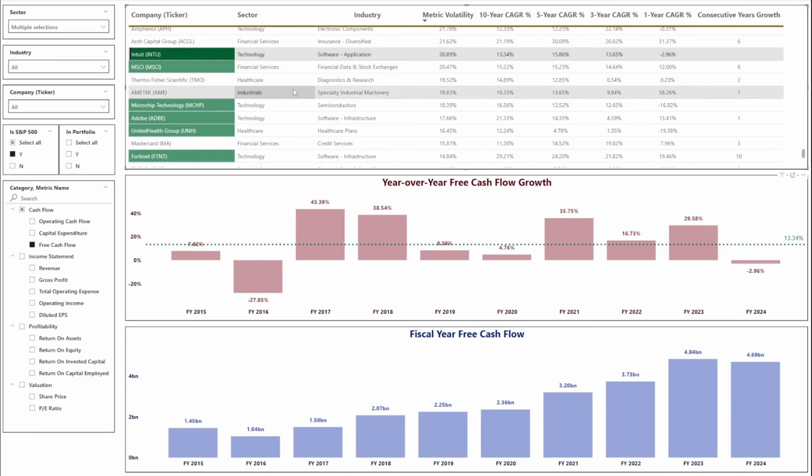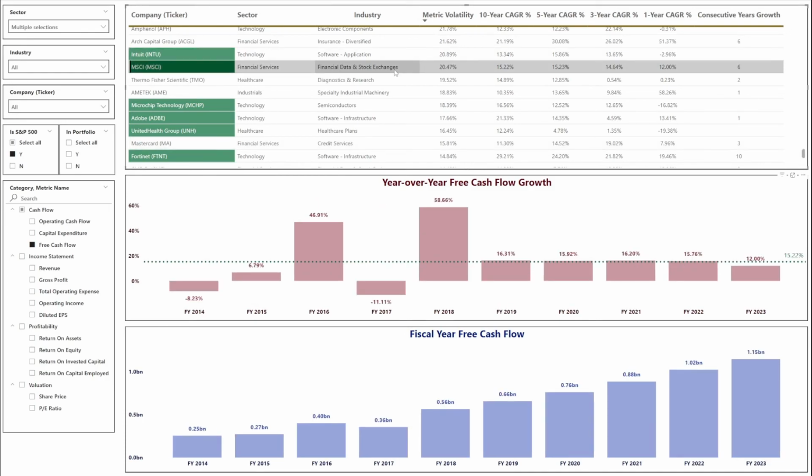So free cash flow growth, of course, is going to be a little bit more erratic than revenue growth, but you can still find quality, predictable businesses with low volatility in their free cash flow that you know will compound year after year and give you a good return over time. So this is one more trick to look at when you're trying to find high quality, predictable businesses. Park your money for the long term and to reap those compound returns over time.